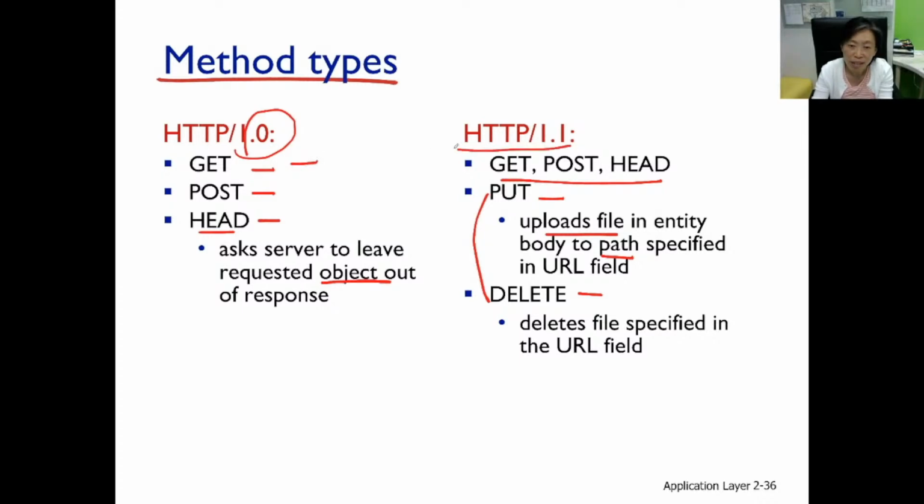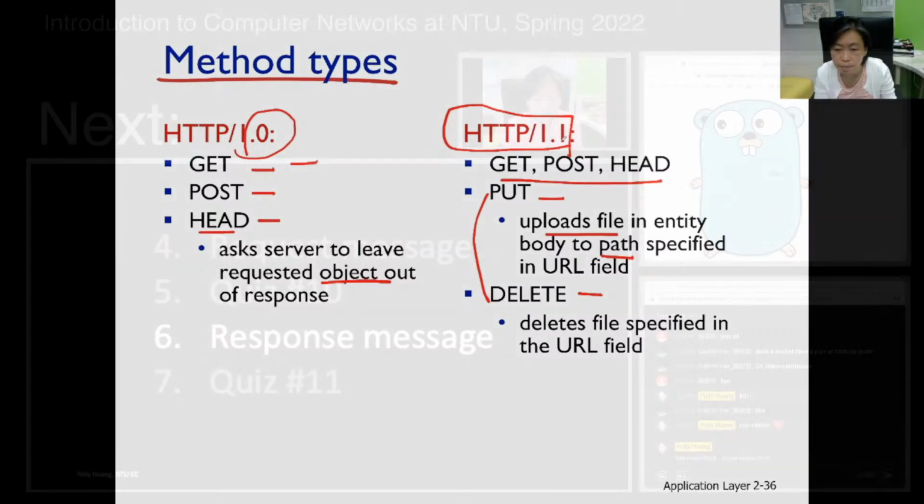Now, when HTTP 1.1 is available, FTP protocol quickly loses its popularity. Okay? And that's why we rarely use FTP these days, because HTTP, the web browsers can do all these for you. All right, so this is HTTP request.